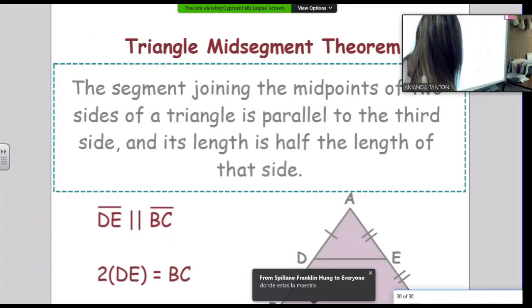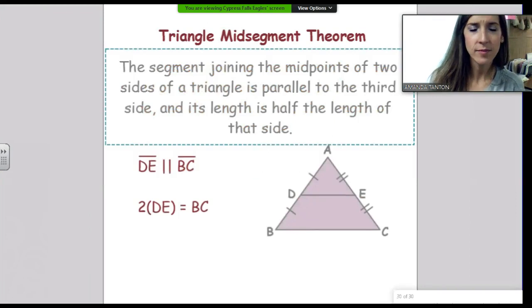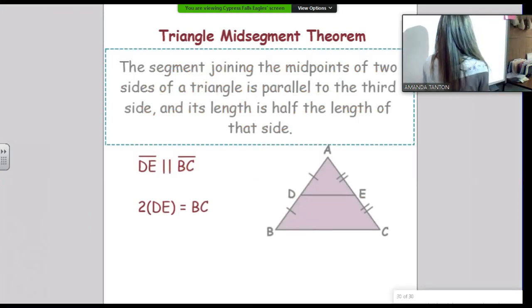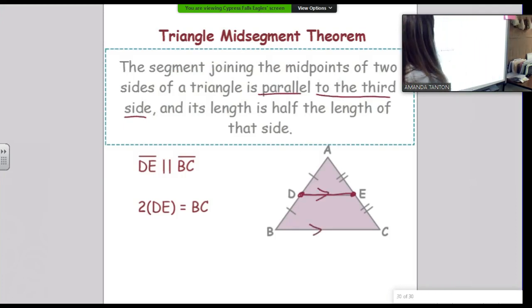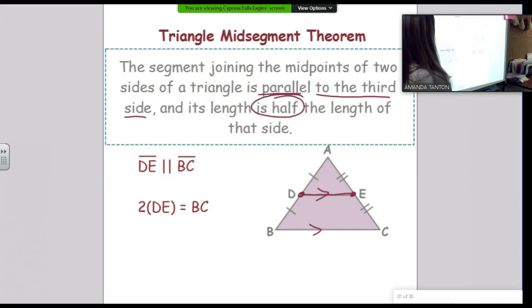And here's the last part of this super short lesson. You can write the theorem down. The triangle midsegment theorem says the segment joining the midpoints of two sides of a triangle is parallel to the third side, and its length is half the length of the side.